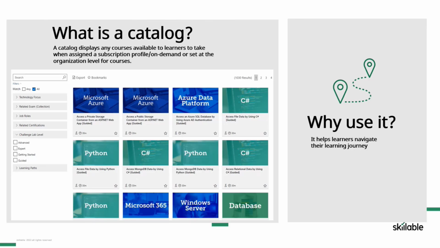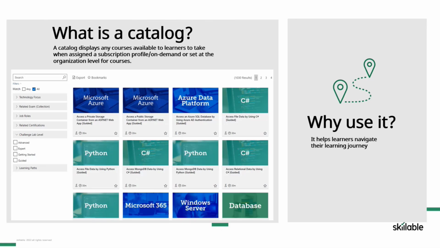One important note is that an organization catalog is an optional feature, and it can be enabled or disabled, yet the subscription profile and the on-demand catalog, you can't disable or enable. So if you give a subscription profile out, the catalog will appear regardless, but you can remove the option if you decide that you only want an organization catalog. Either way, these are great choices for you to guide your learner during their learning journey.